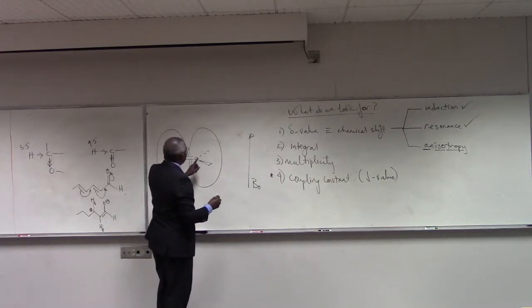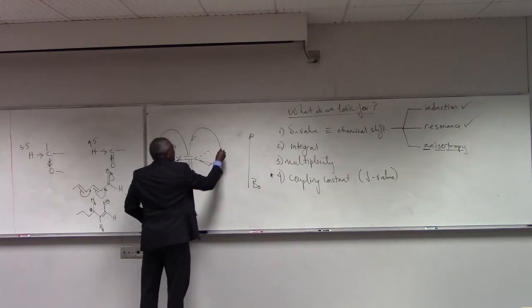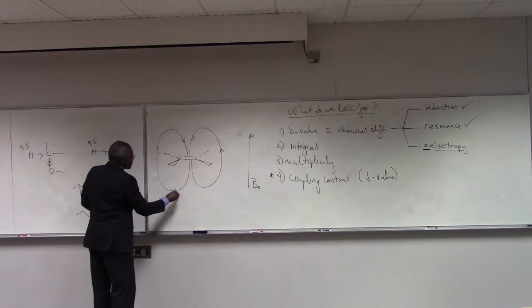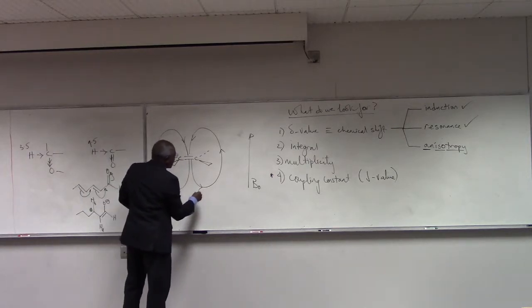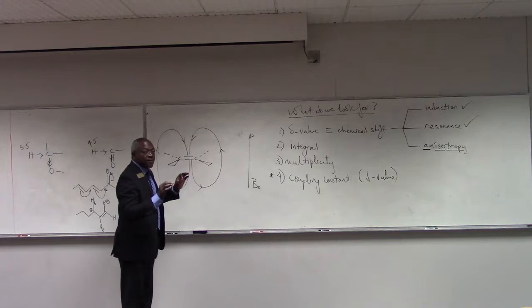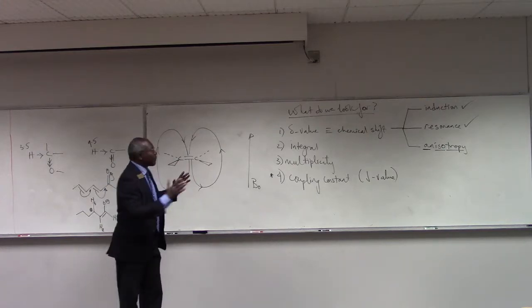Let me just work this out. So what I get is my field operating in this direction. This is why it is uneven through space. So in other words, the induced field for pi electrons doesn't act in the same direction.